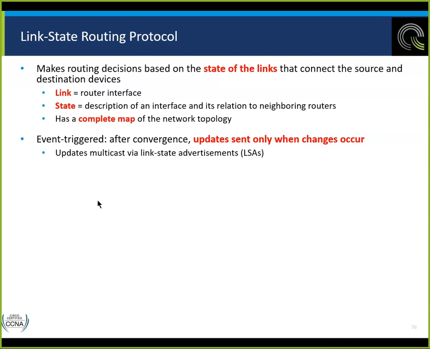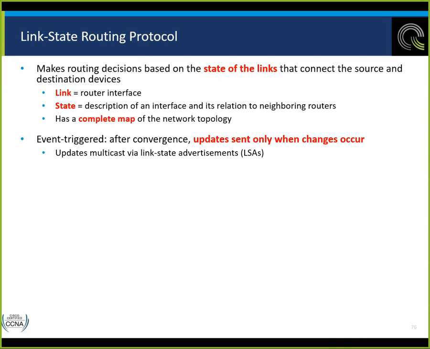They're event triggered after convergence. Initially, there's a lot of traffic going on because they've got to share all this information so that each of the devices can get a complete picture of the network.